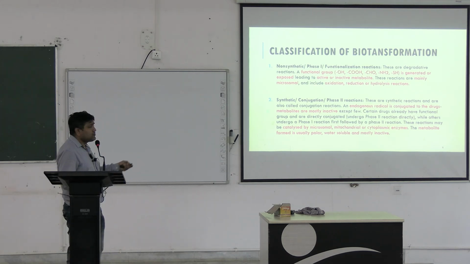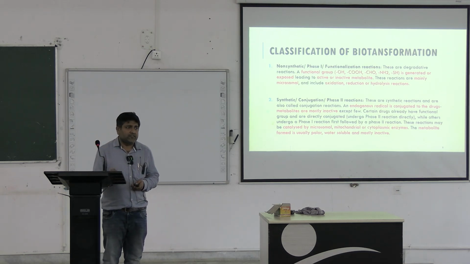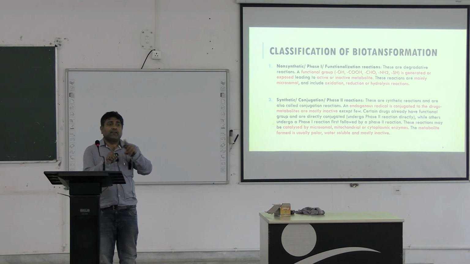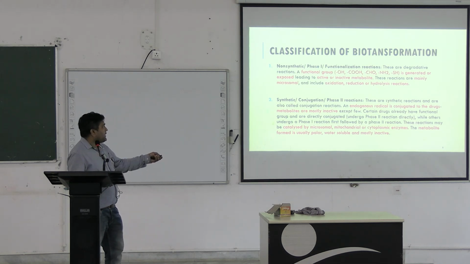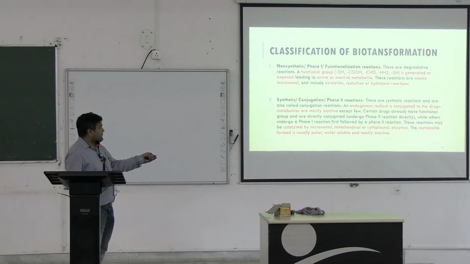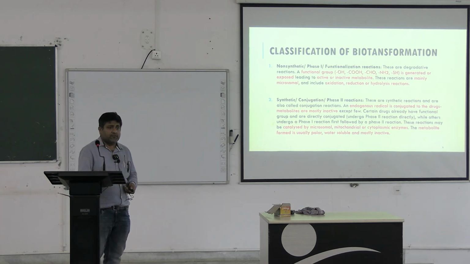Now coming to the phase 2 reaction, what happens here? An endogenous radical is conjugated to the primary drug or the metabolite, rendering it mostly inactive. Certain drugs already have a functional group and can directly undergo phase 2 metabolism.